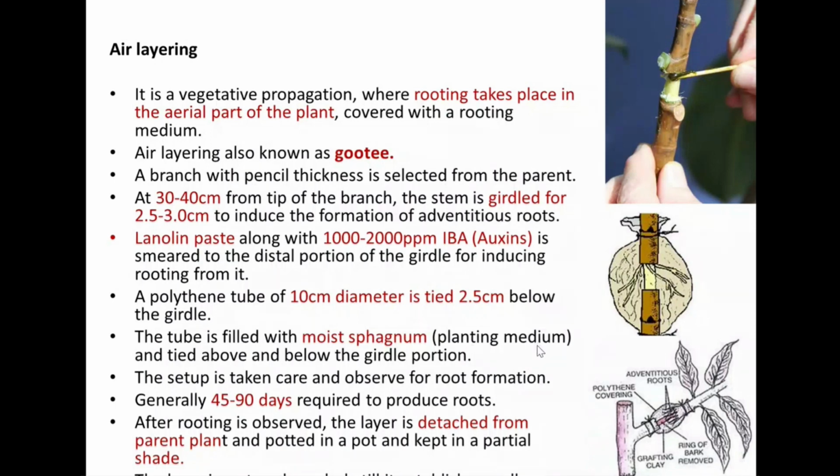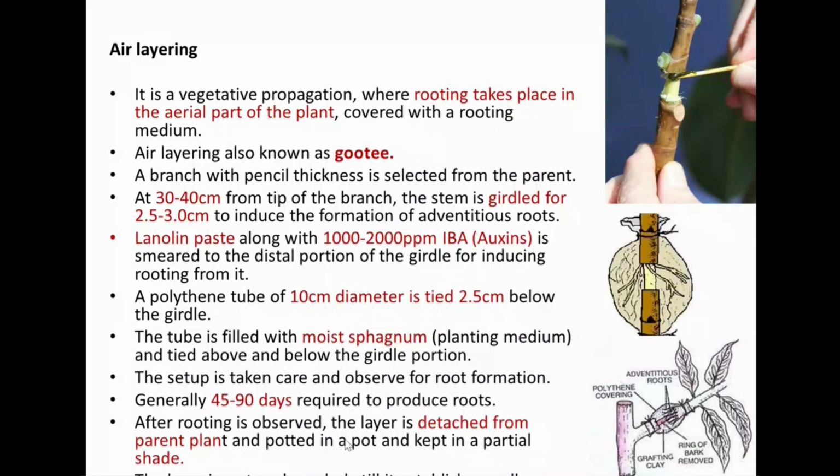Planting medium: we discussed several, perlite, vermiculite, some compost or peat moss, cocoa peat. You take some nice medium, fill that inside and tie it on both sides. Then you keep it just like that.